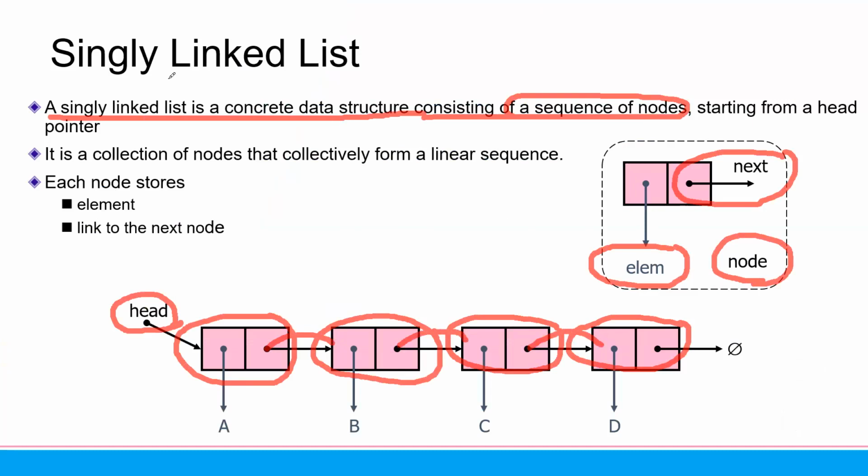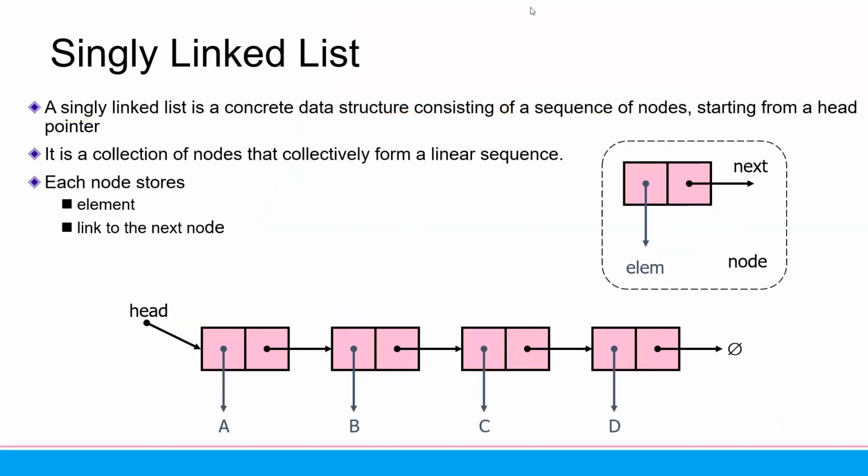So we call this a linked list. And if the link is only single, we call it a singly linked list, because the link is only on one node, and then we connect with the next node.